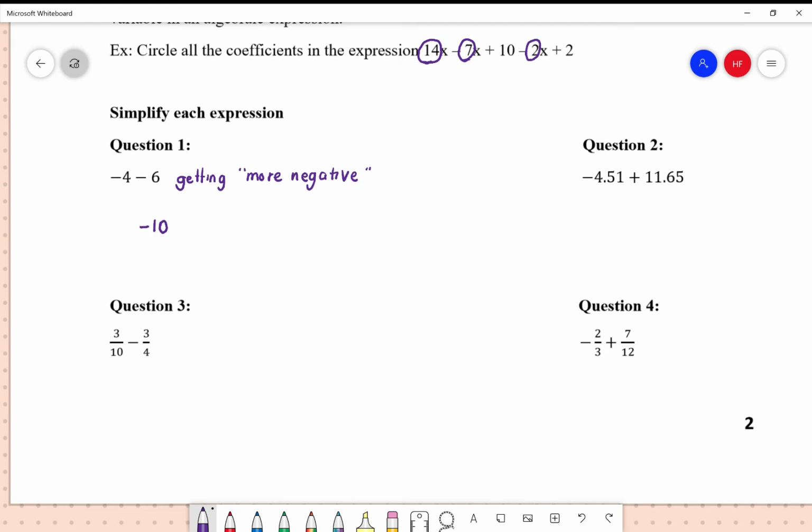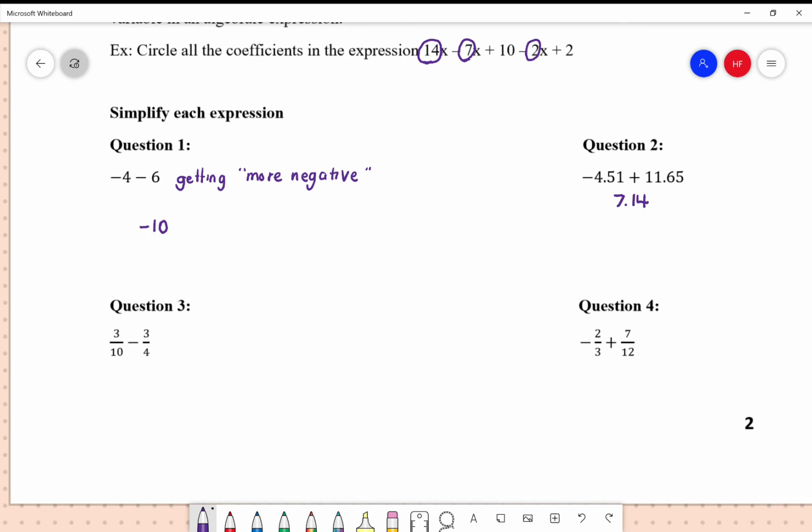Let me see this. Make sure I give you all the right answer. 7.14. So we see that we went from a negative to a positive because the positive was larger.